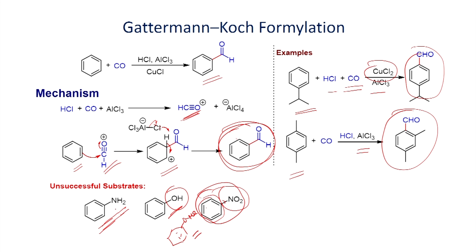If the substrate has a functional group like amino, ether, and hydroxy group, they do not work. Similarly, if you have a strong electron withdrawing group like nitro group, the reaction also is not effective. However, you can carry out the reaction with alkyl benzenes. They can readily undergo formylation to give the corresponding aldehyde as the product.